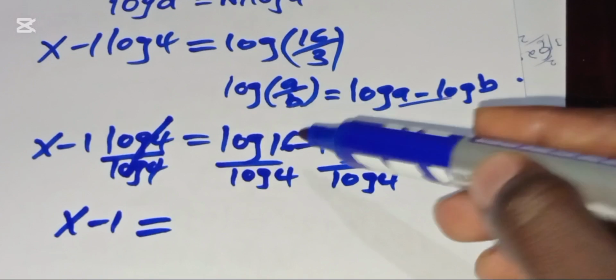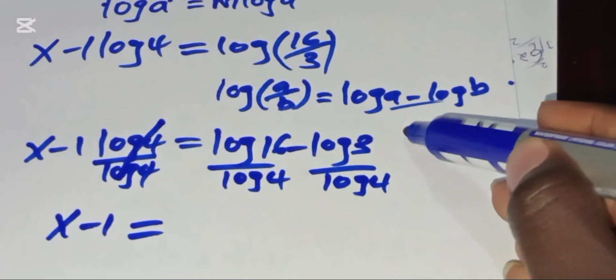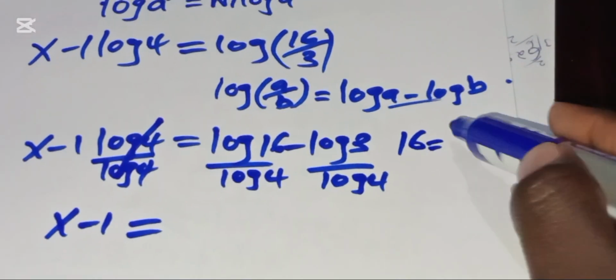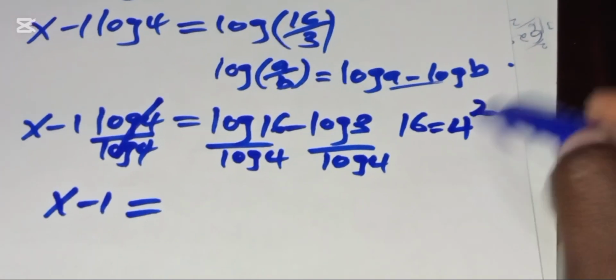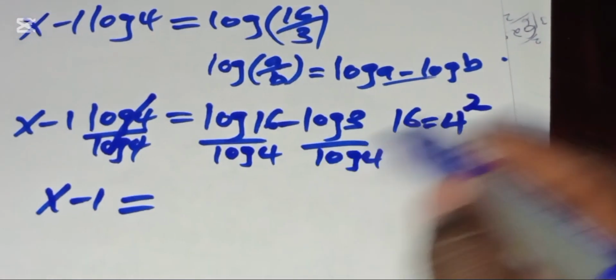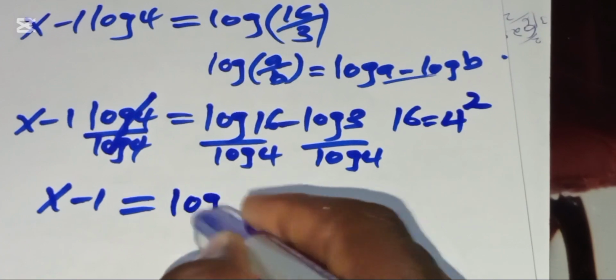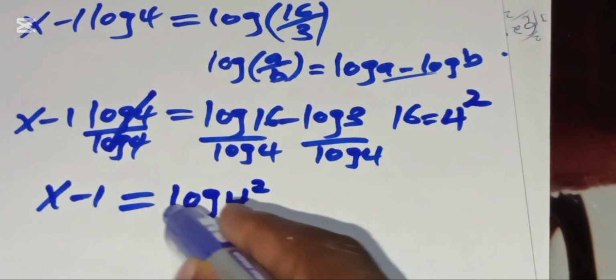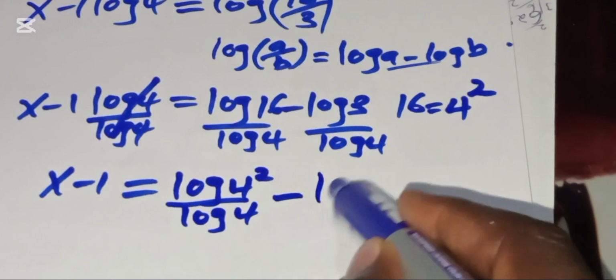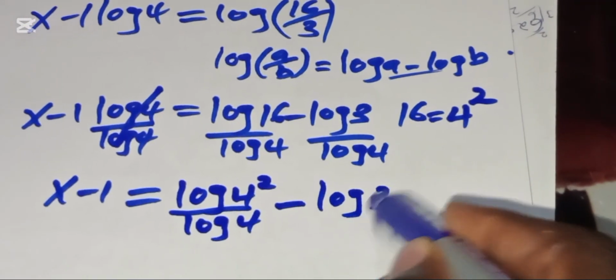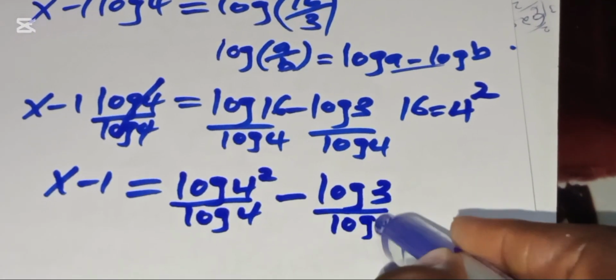This is equal to, now log 16. 16 can be expressed as 4 raised to the power 2, that is 4 squared. So that means this is log 4 squared divided by log 4, subtract log 3 divided by log 4.